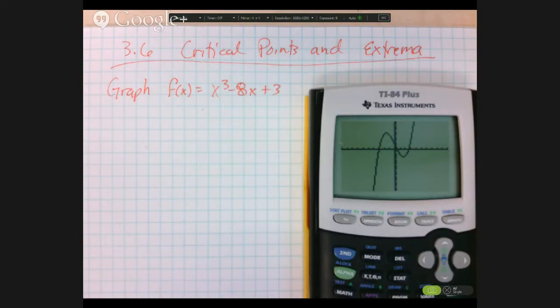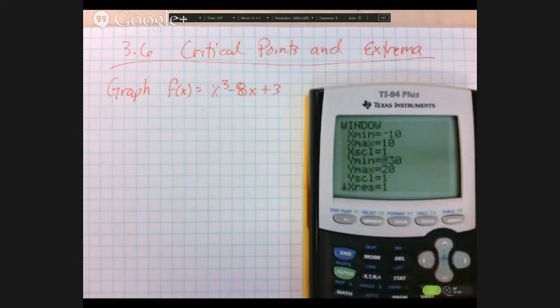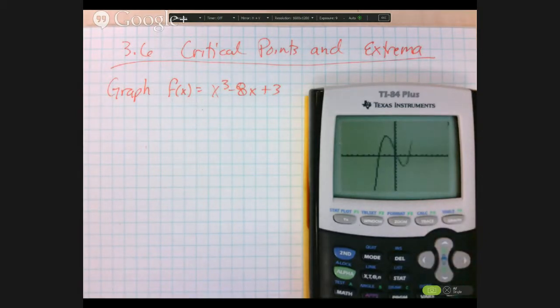Critical points in extrema, we're in 3.6. All right, is everybody graphed? It should look like mine, or something close to it. My window's probably different.